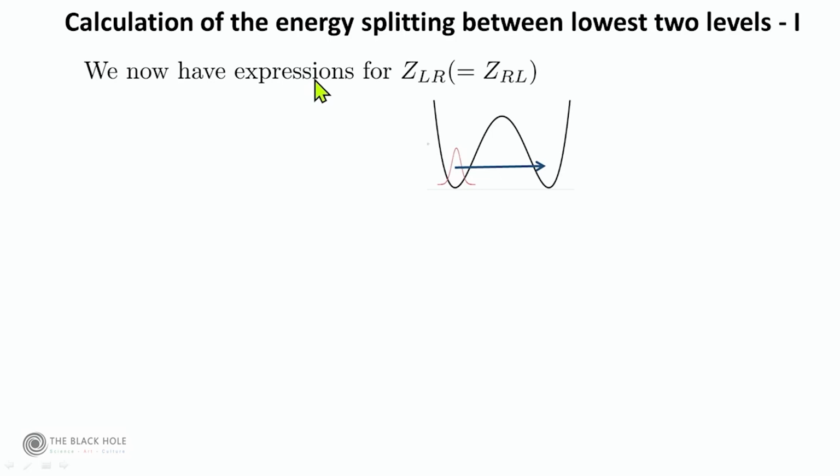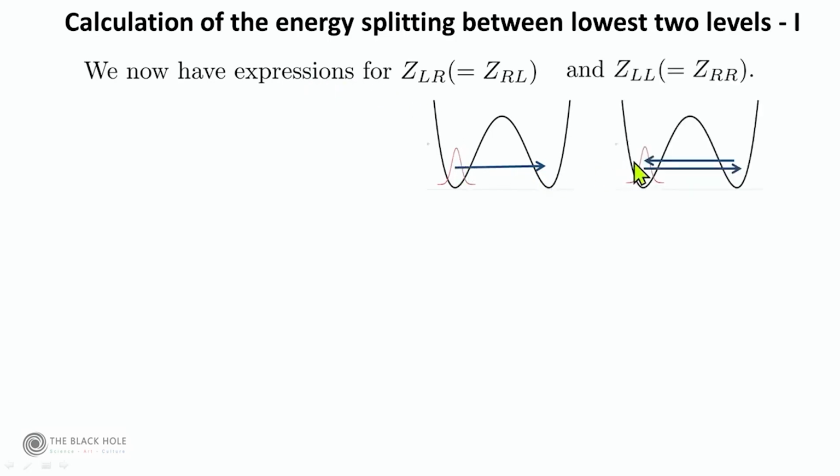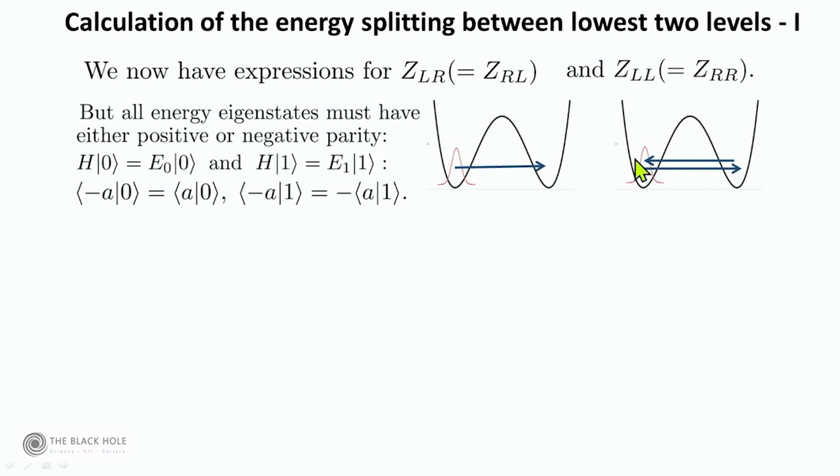Okay, so we have expressions to go from here to here, or to go from here to here and come back, amplitudes for that. But if we want to calculate energies or differences in energies, then we have to understand that all energy eigenstates have to have definite parity.